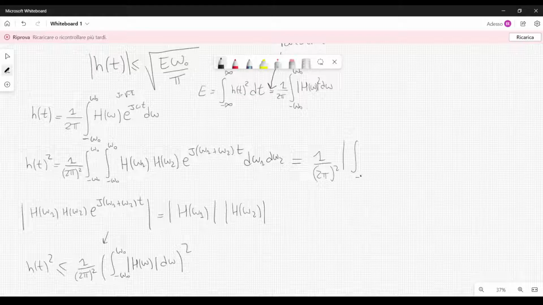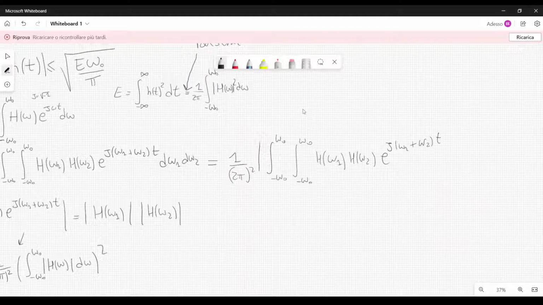So I have the integral from minus omega naught to omega naught, integral from minus omega naught to omega naught, h of omega 1, h of omega 2, e to the j (omega 1 plus omega 2) t, and then here I have d omega 1, d omega 2, like this.